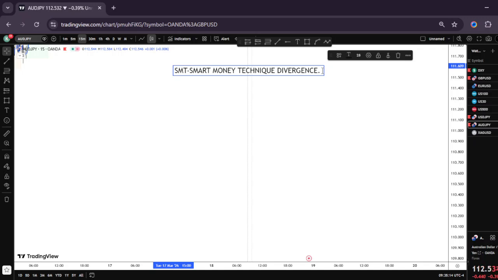So, simply before we start, you need to understand we have something that we call pair correlation, or rather currency correlation. We can either have positively correlated pairs or negatively correlated pairs.